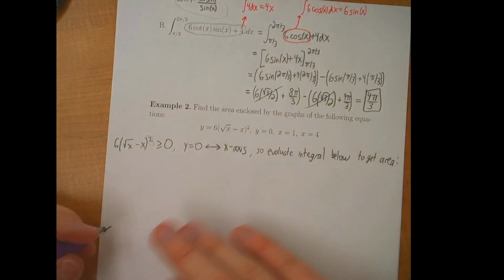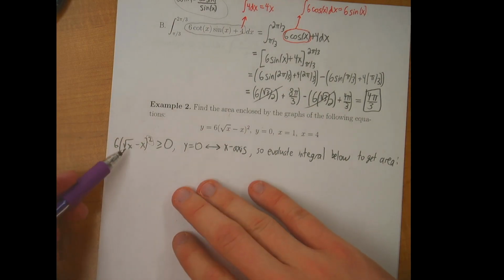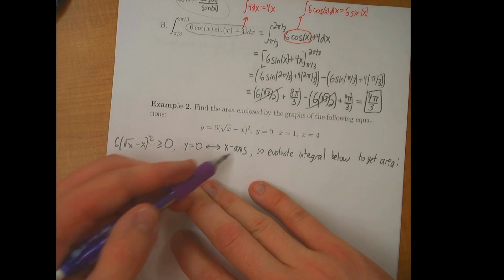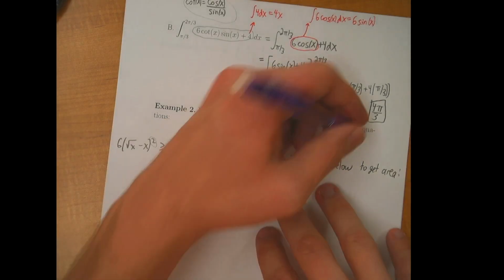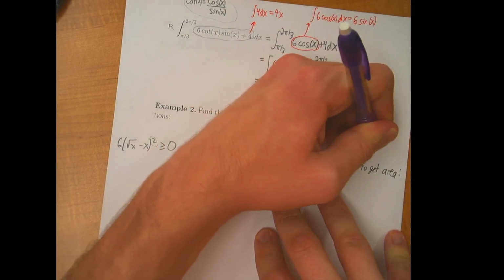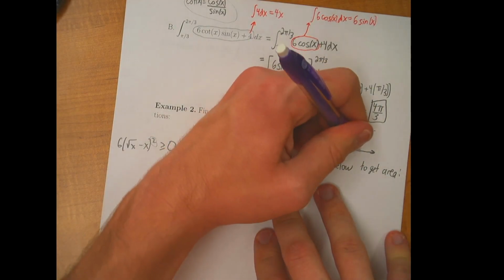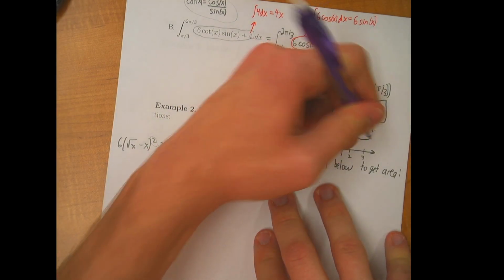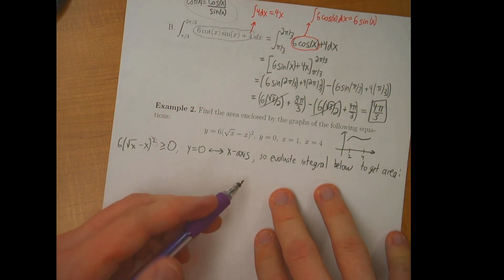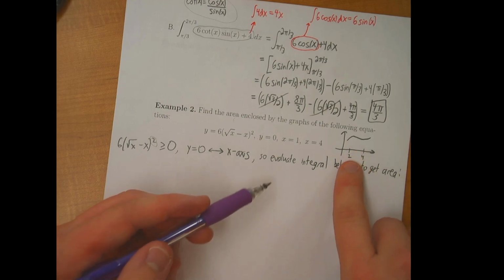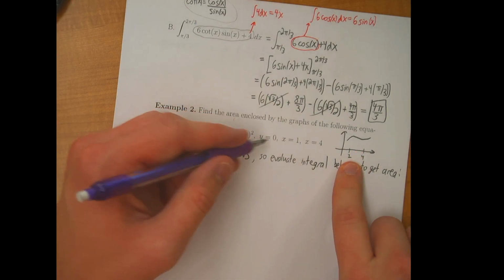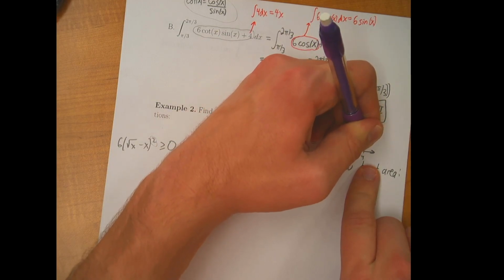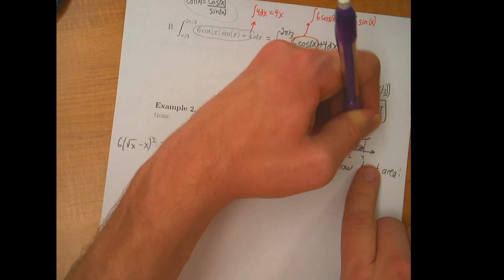Since we have this function above the x-axis, and one of our bounds is again the x-axis, we have this function from x equals 1 to x equals 4. That does this thing up here. But because one of our bounds is the x-axis, that means we're essentially trying to figure out this area here.